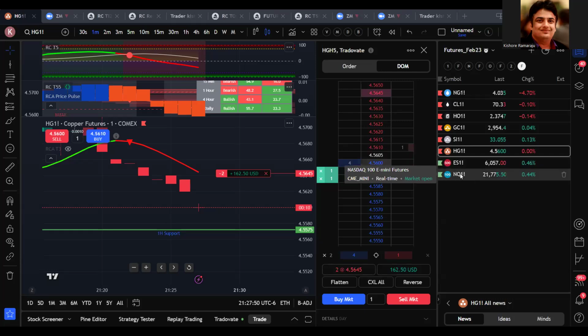For ES and NQ, yeah, we went a little against because it went all the way to the top since market opened today at 5 p.m., nearly until 8 p.m. it was going up. So there will be a small pullback. That's why we took a short on ES and NQ, made some quick profits, and we closed it. Maybe we can take profits on copper.